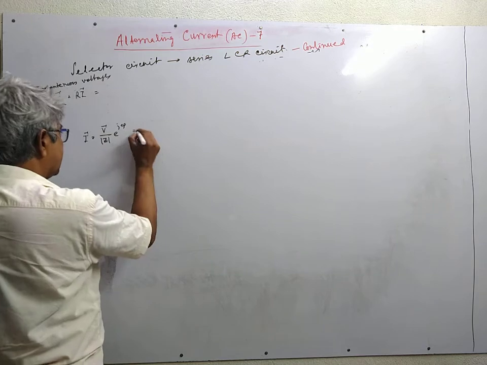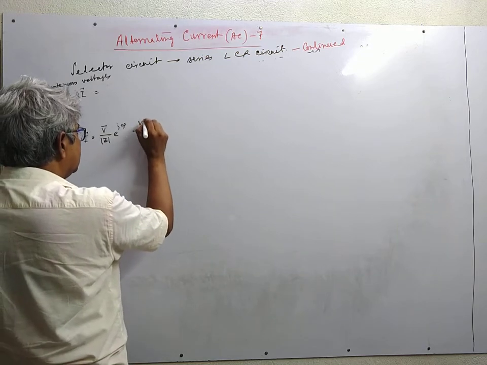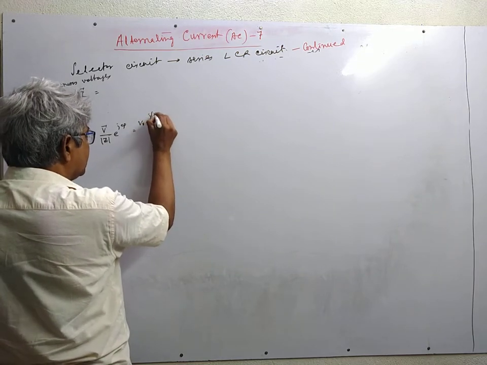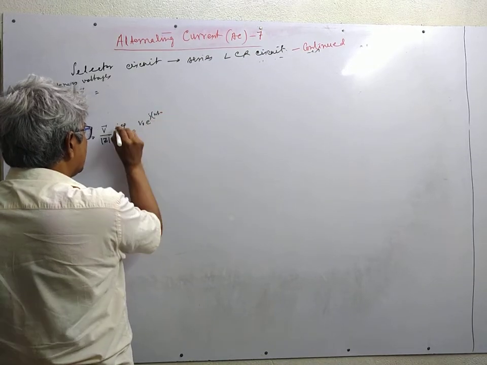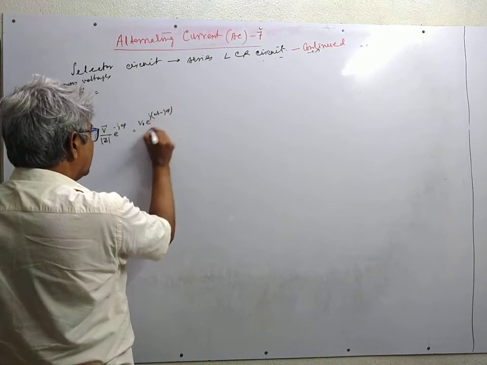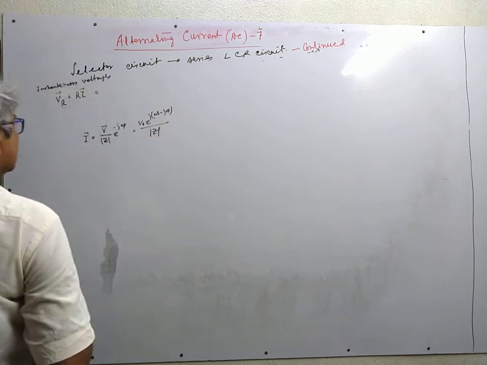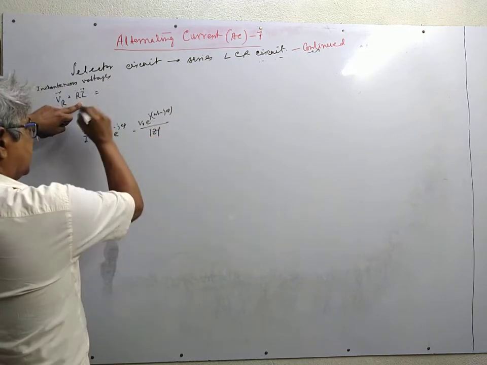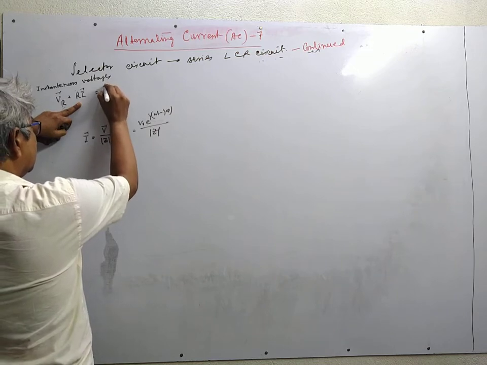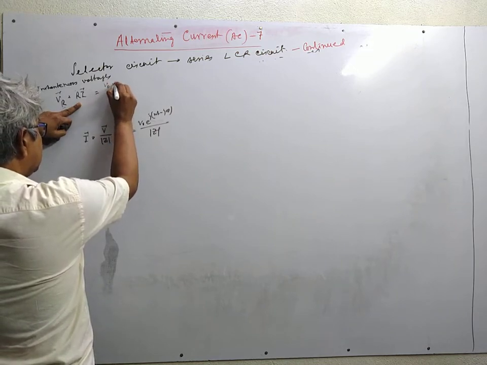And if we write explicitly, this is V0 e to the power J omega t minus J phi by mod Z. So this is V0.